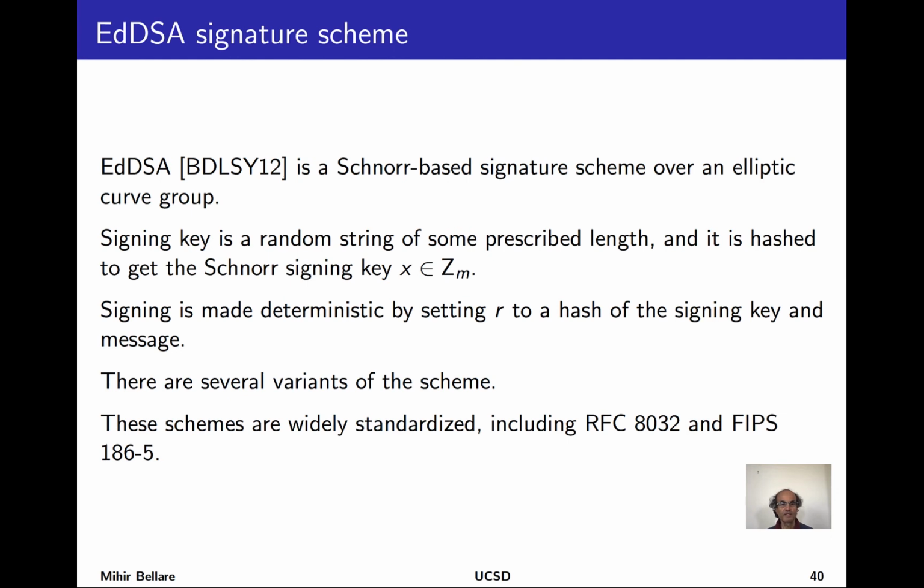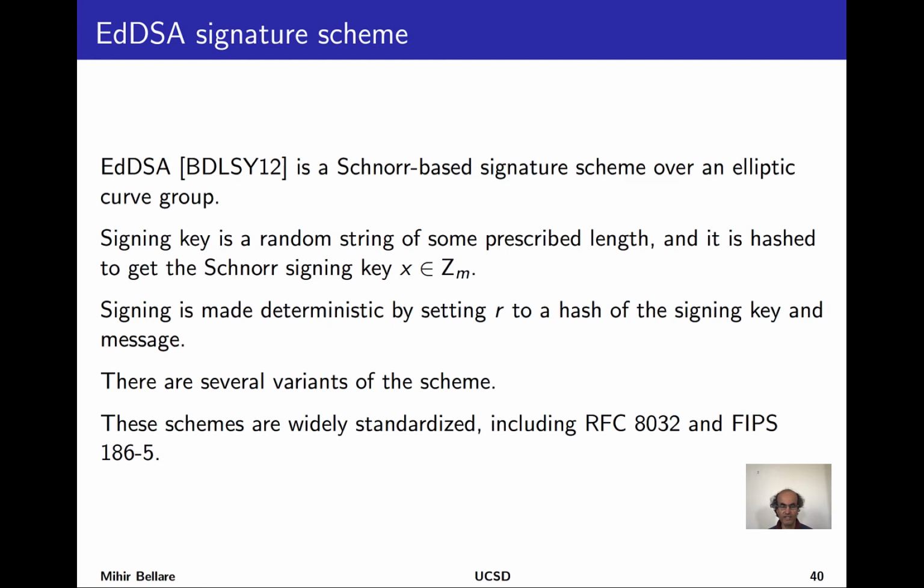All right, so EdDSA is a signature scheme in the Schnorr style. It's a version of it over an elliptic curve group. And some of the changes it makes are that the signing key is no longer an exponent directly, but rather a random string of some prescribed length, and you obtain the actual signing key by hashing.